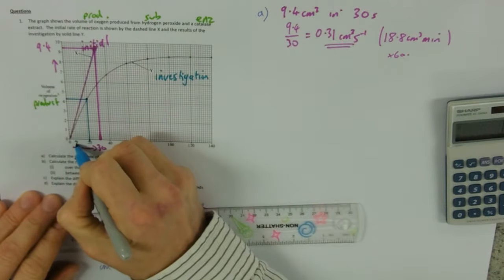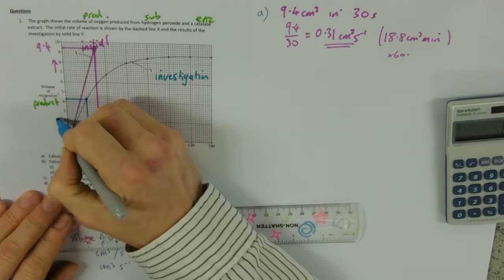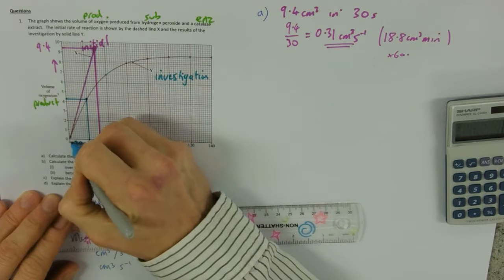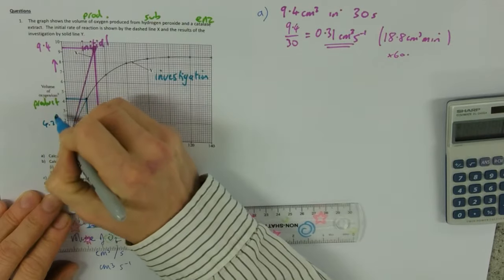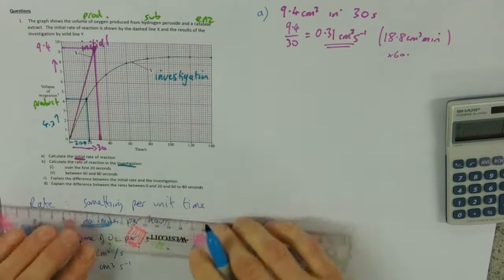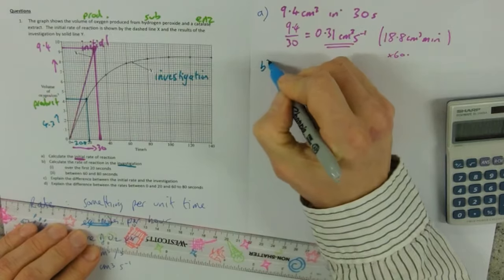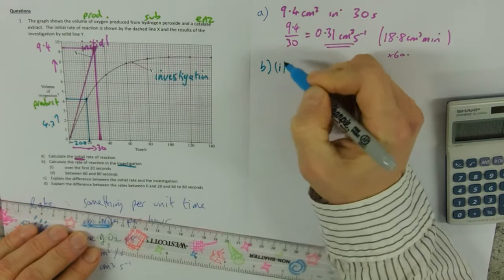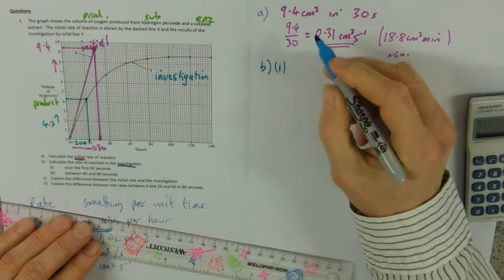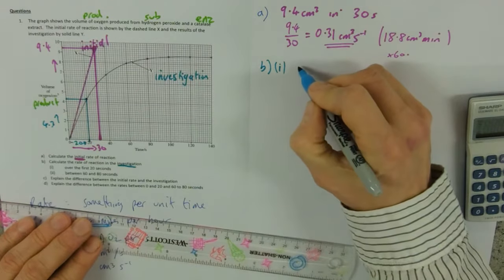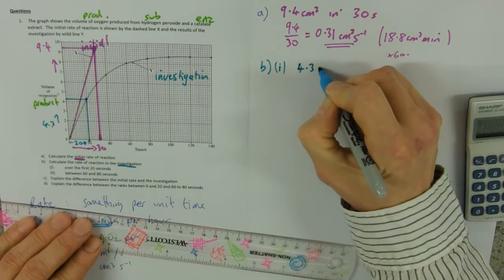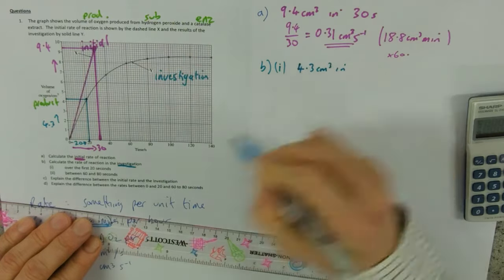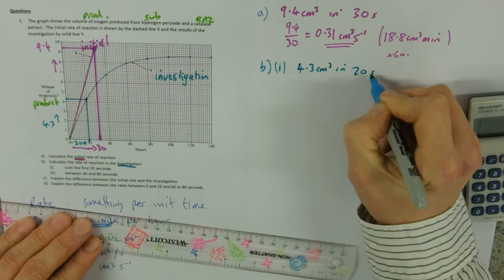It has gone across 20 and gone up 4.3. So B1: it's gone up by 4.3 centimeters cubed in 20 seconds.